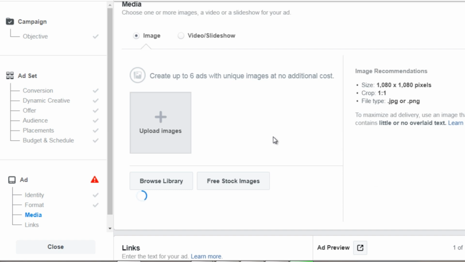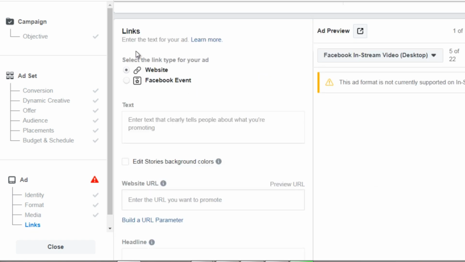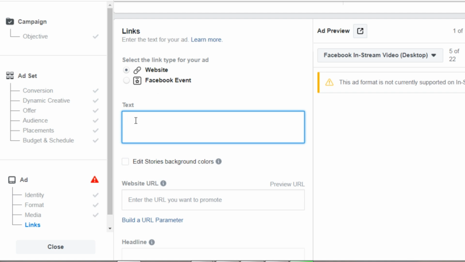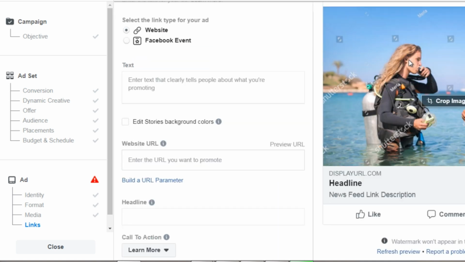We'll click continue and it'll say enter the text for your ad. You can enter the text here. So the text is essentially going to appear at the top of your image. So if we take a look at one of the ad previews here, when you see the ad, it's going to appear above the image, this right here. The website URL that you want to send them to is going to be here.